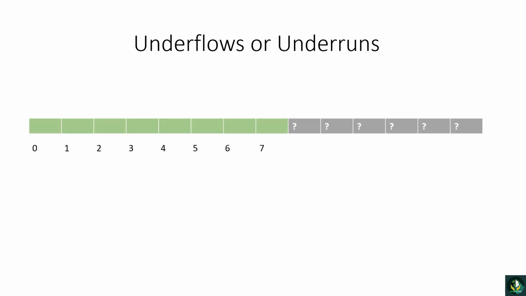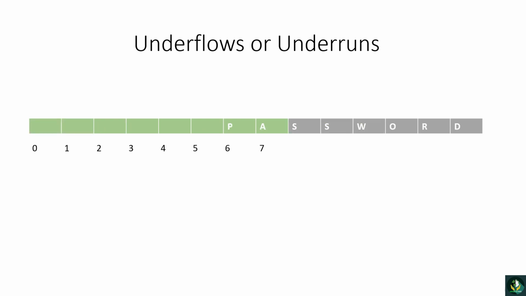Common buffer overflows and overruns exceed the memory boundary at the end of the buffer. A related condition exceeds the memory boundaries at the beginning of the buffer. This is known as a buffer underflow or buffer underrun. It may seem strange to fill a buffer with data starting from the end and proceeding backward to the beginning, or filling from the bottom of the buffer to the top, depending on your view.